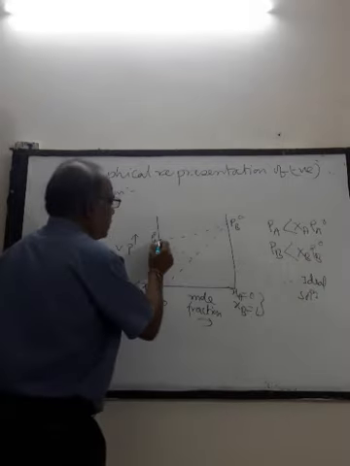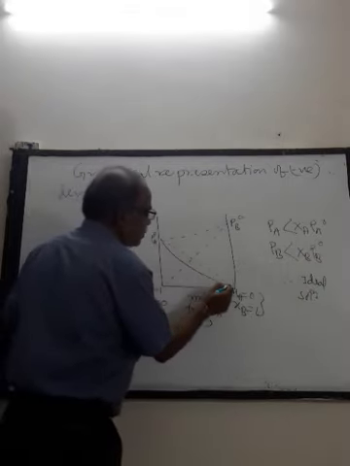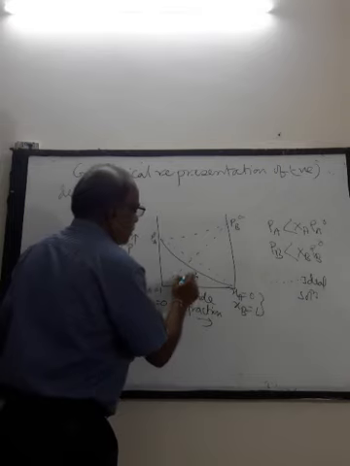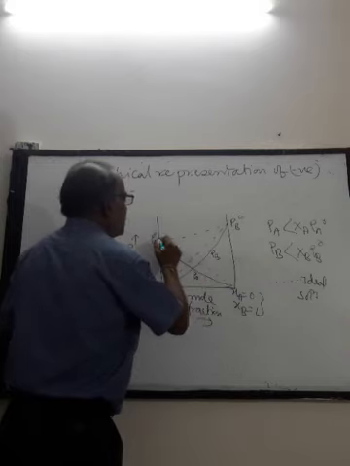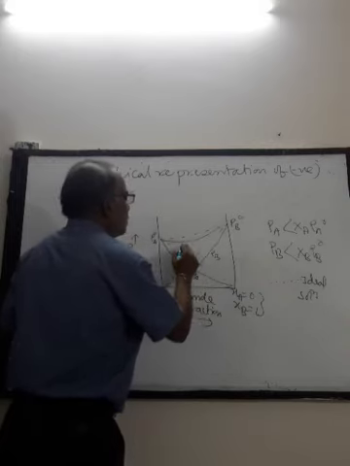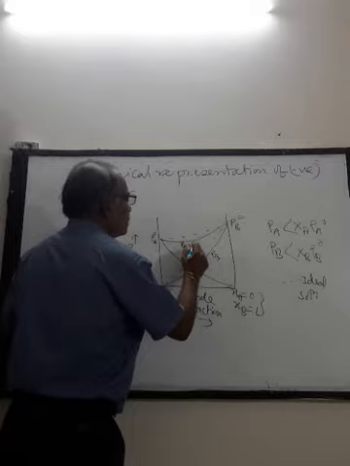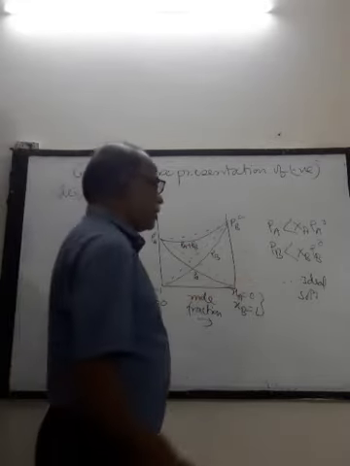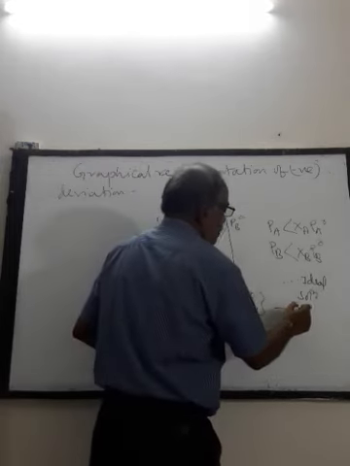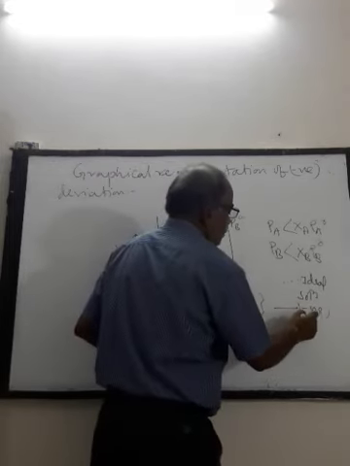So the graph will be like this. This is for PA, this is for PB, and this one for PA plus PB. So here the dotted line represents ideal solution, and the bold line represents negative deviation.